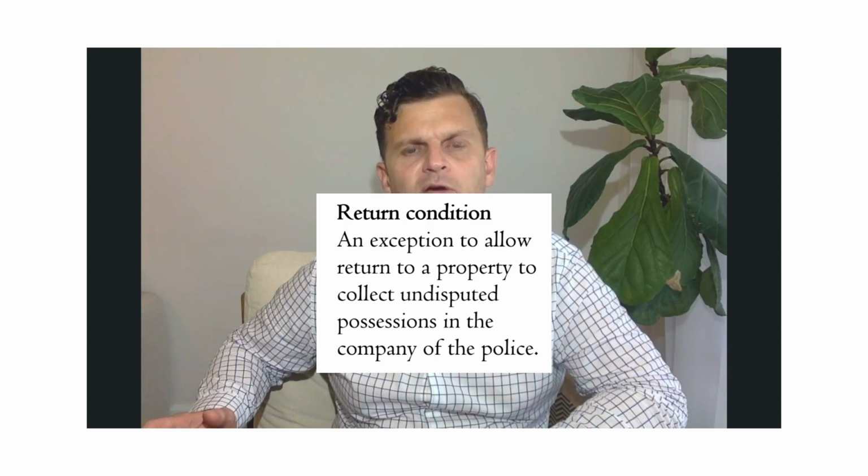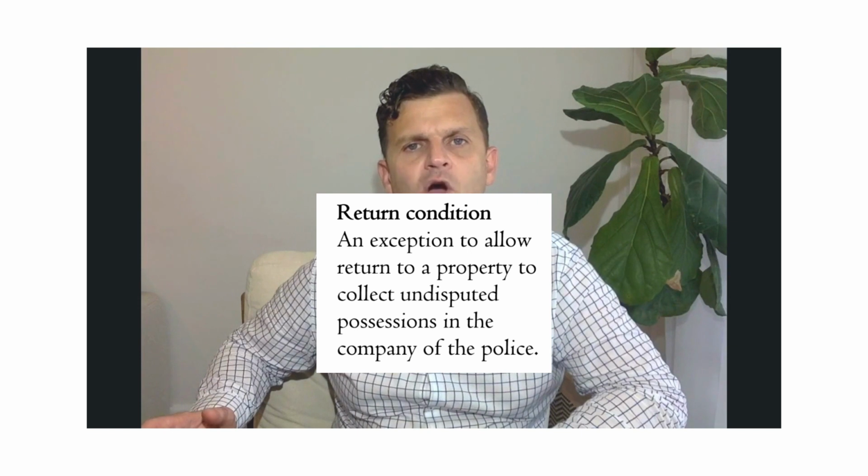That is a condition where that person can return to the property to collect their possessions in the company of a police officer. In that case, they can only take the possessions which are agreed between the parties to be owned by that person. The police attending do not have the power to determine who owns what property.